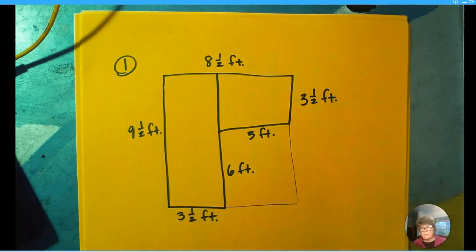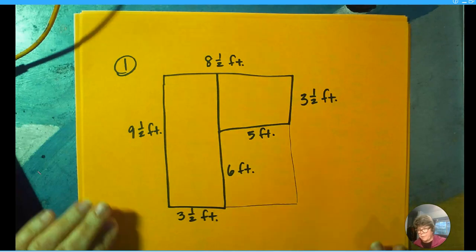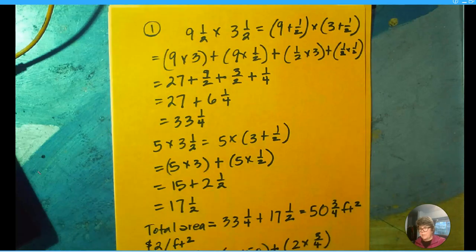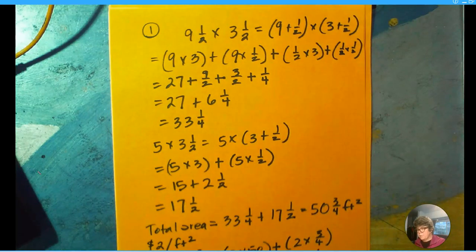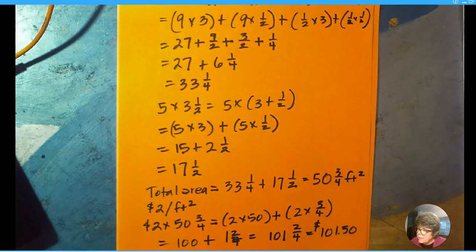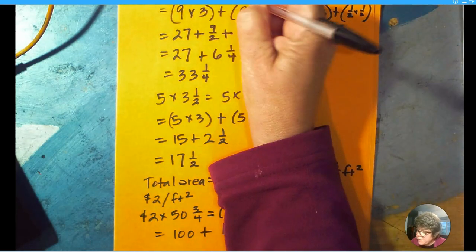This is where you have some choice, and you can do it the way you want. So think about that. I think I have some math here. Yeah, already written up. So this method has 9.5 times 3.5.